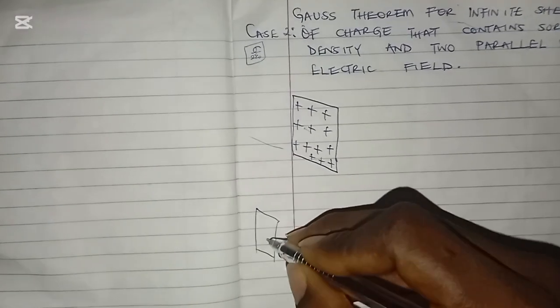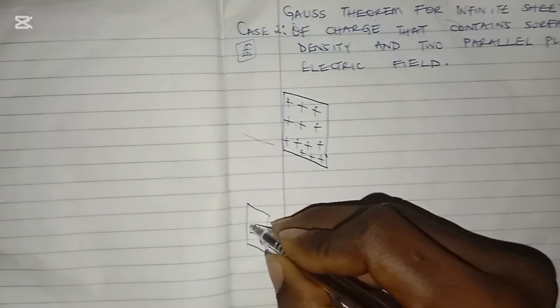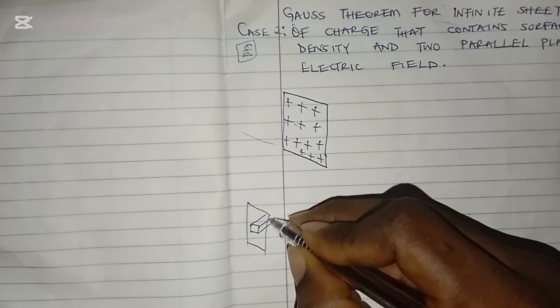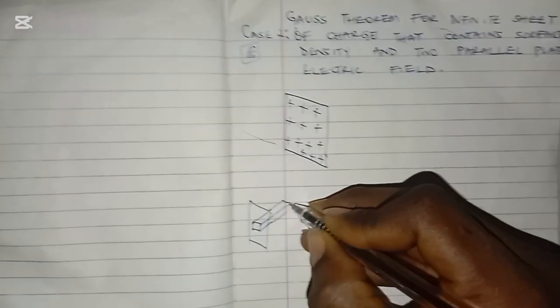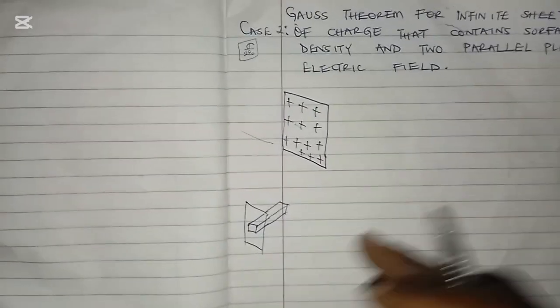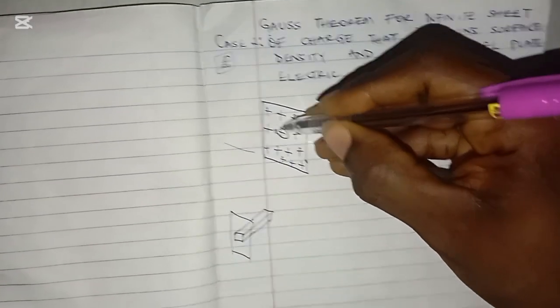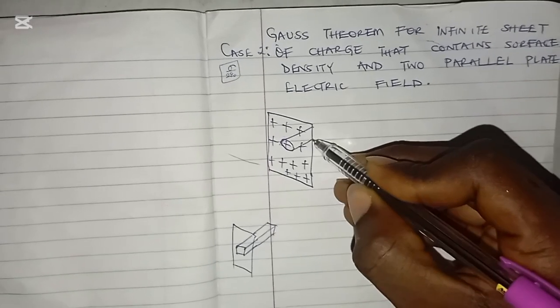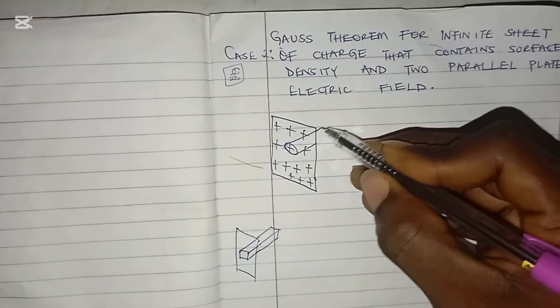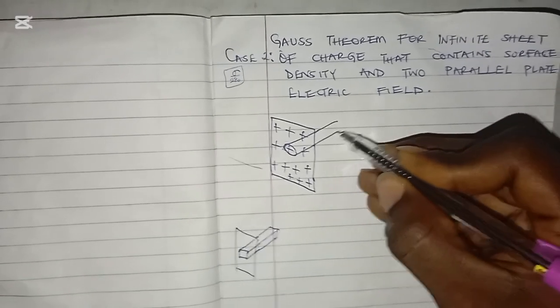But the problem with using a box is that charge distribution will be everywhere. So if you want to do your own like this, no problem. But me, because I understand the physics I'm doing, let's say I'm using this one, something like this, that protrudes outside.